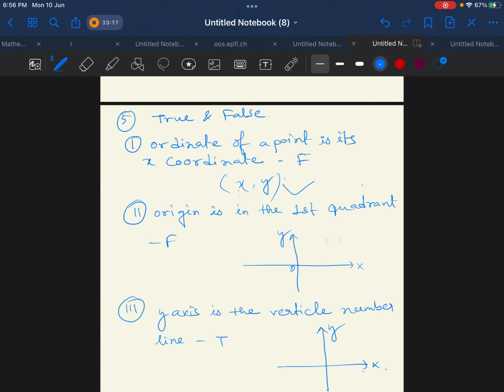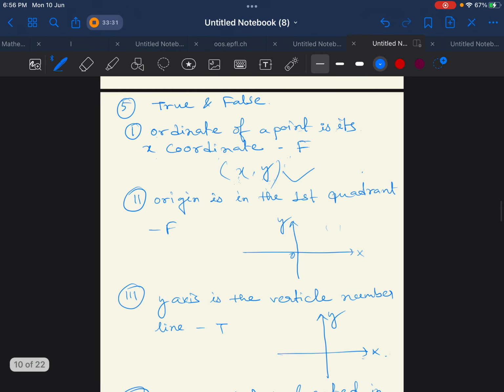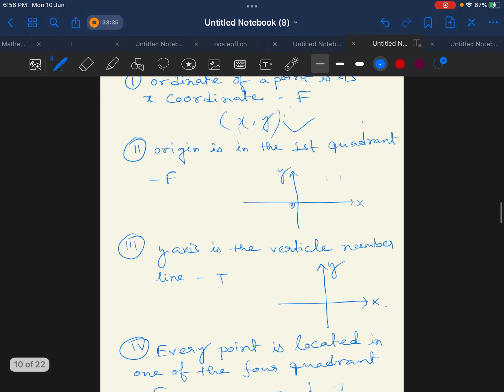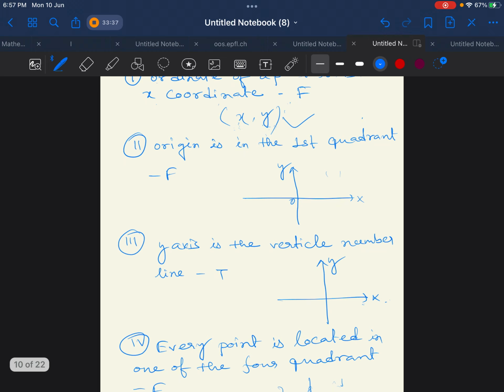So we know ordinate is always the value of y and abscissa is the value of x. But here it says ordinate of a point is its x coordinate. This is false. Ordinate is always the y coordinate.